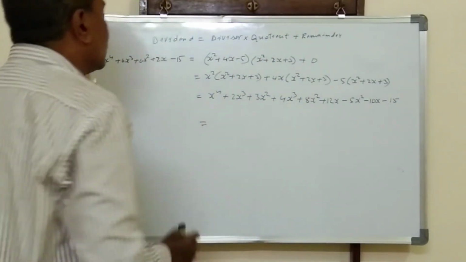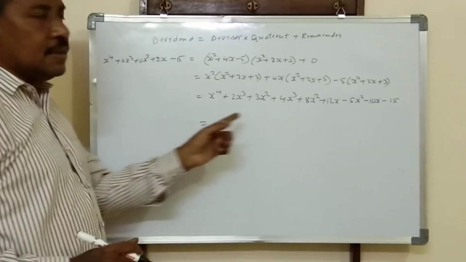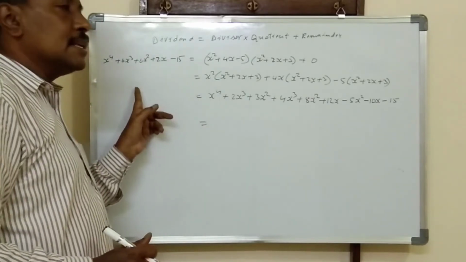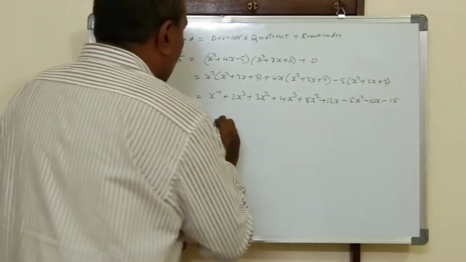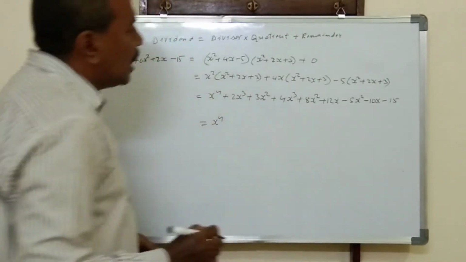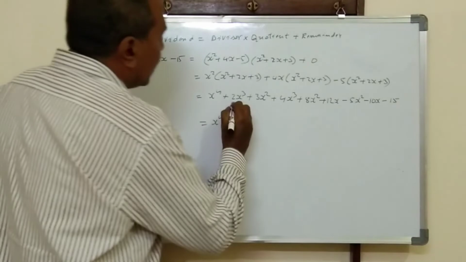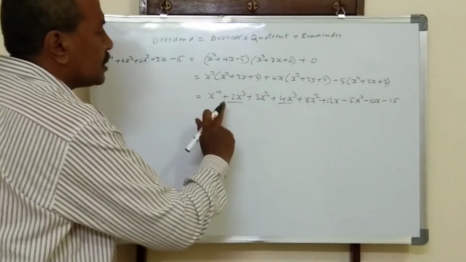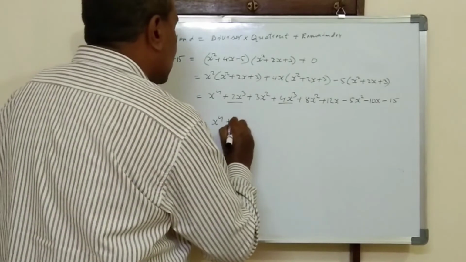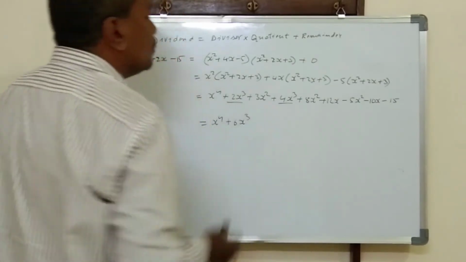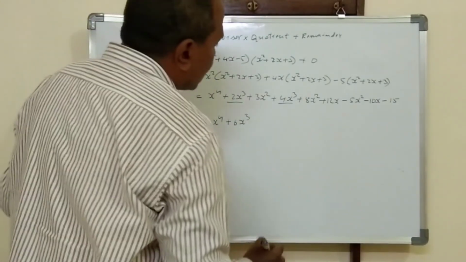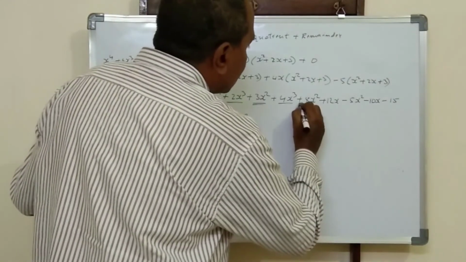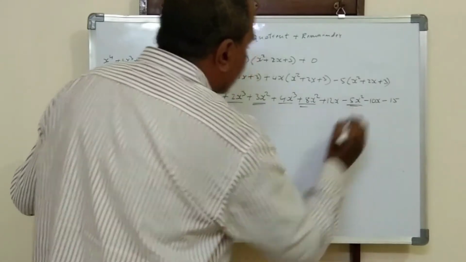Now this is RHS. We have to equate LHS with RHS. Now x power 4. Now x cube terms: 2x cube plus 4x cube is equal to plus 6x cube. Over. x square term: plus 3x square plus 8x square minus 5x square.